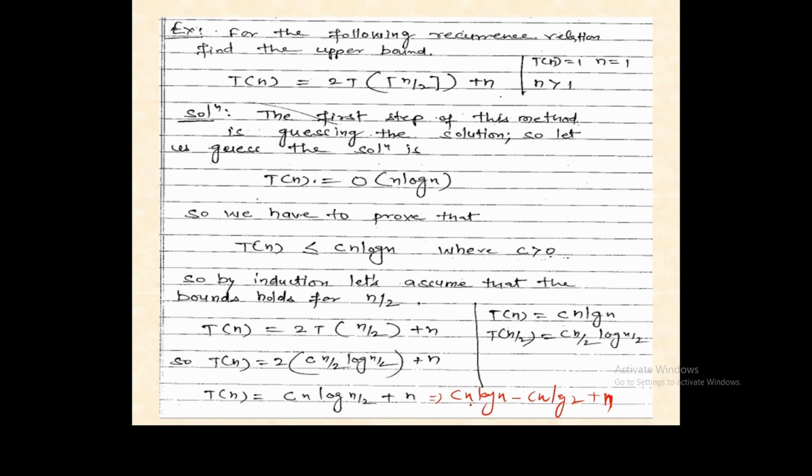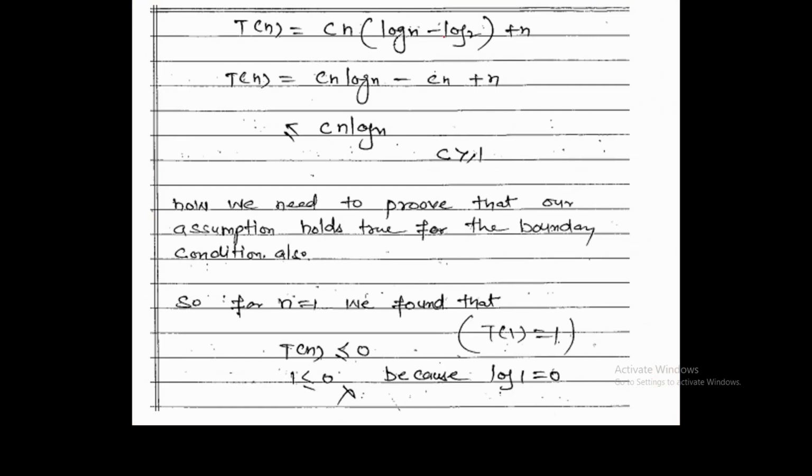We can simply take c n common: c n (log n minus 1) plus n. So c n log n minus c n plus n. For the value n by 2, we get this value, and this must be less than or equal to c n log n as per the big O notation.